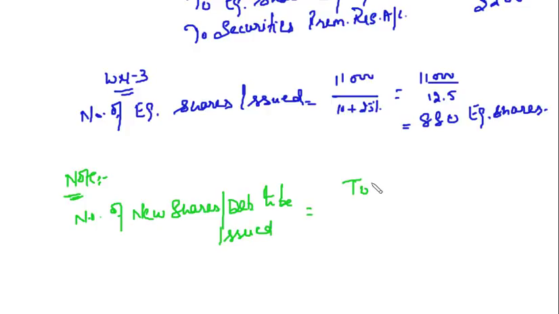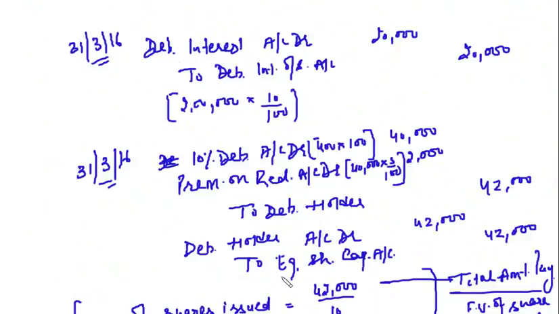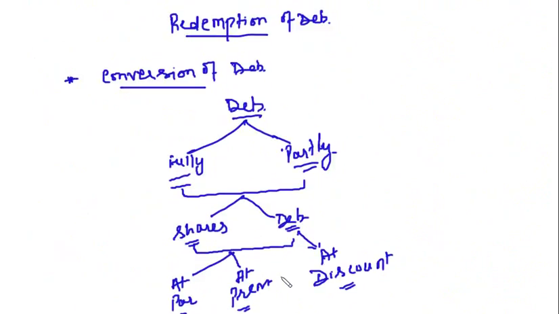This is total amount payable divided by face value plus premium. Clear? So this is how you will find out the number of shares or the new debentures that are being issued against the old debentures. Clear, friends? So these are the few practical problems on redemption of debentures by conversion. Clear?